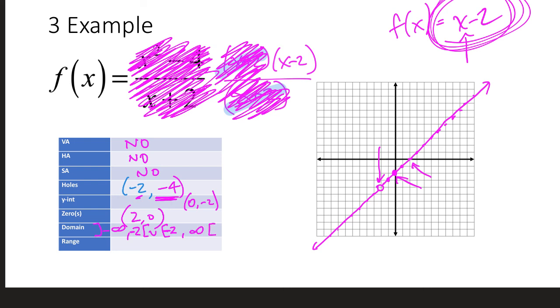And then the range, if you look at this from the y direction, it goes from -infinity to -4, non-inclusive. Oh, sorry, I screwed this one up. That should be non-inclusive. There we go. Union with -4 to infinity.